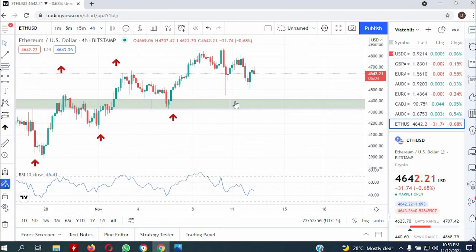So the Ethereum is expected to come back down to this area, this lower high, for support in order to push further up.